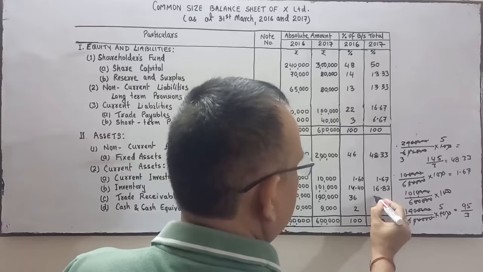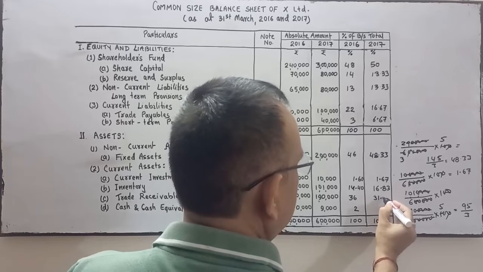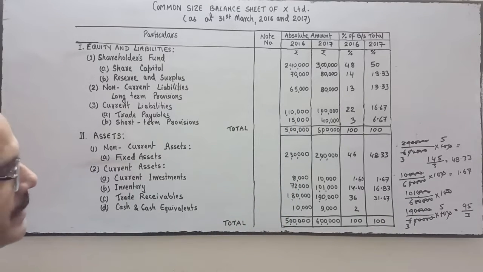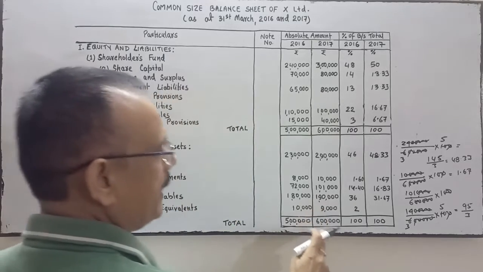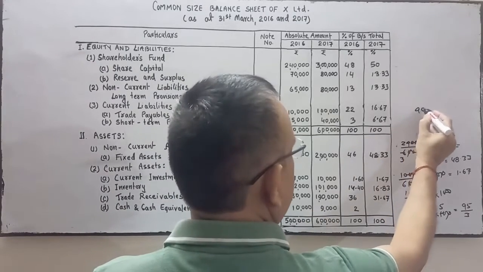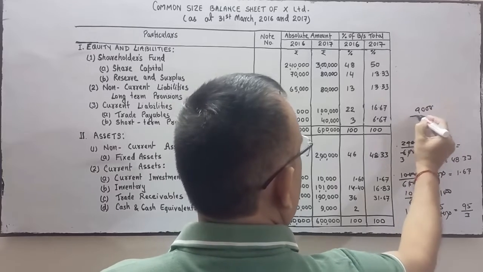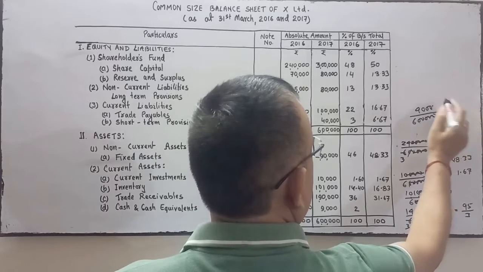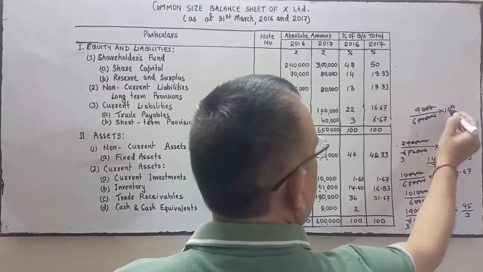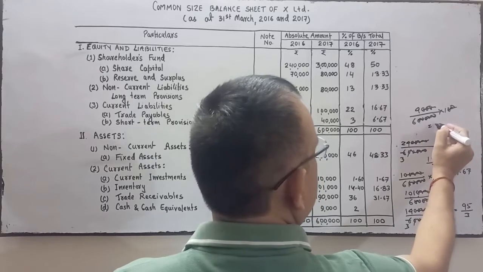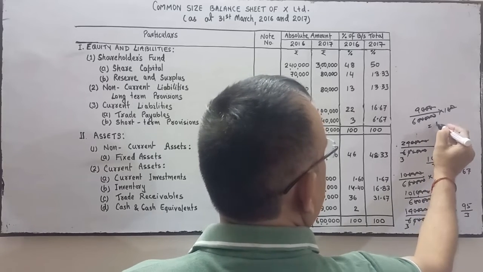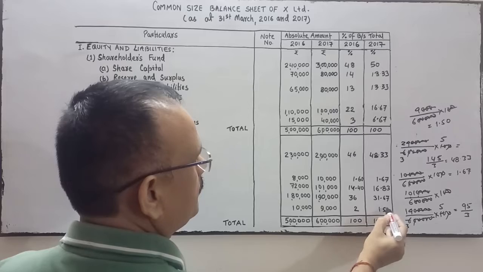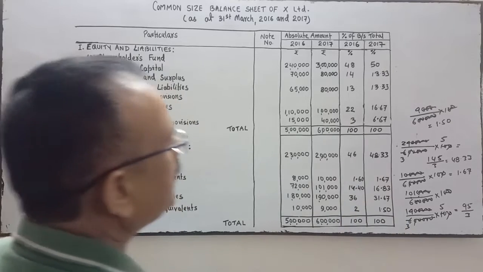So it is 31.67. Now coming to here, 9,000 upon 6 lakhs into 100. So it is 1.50. So this total will be 100.